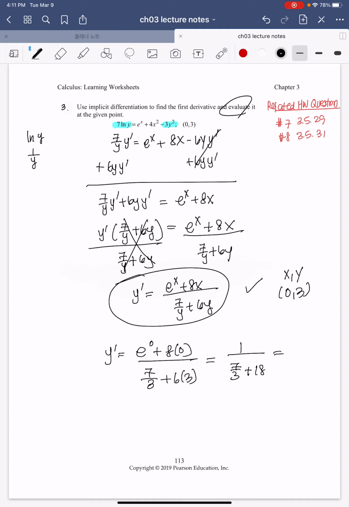So this will be 7 over 3 plus 54 over 3, which is 61 over 3. So I have 1 over 61 over 3, a complex fraction, which is equivalent to 3 over 61. So this will be my first derivative evaluated at the given point (0, 3).